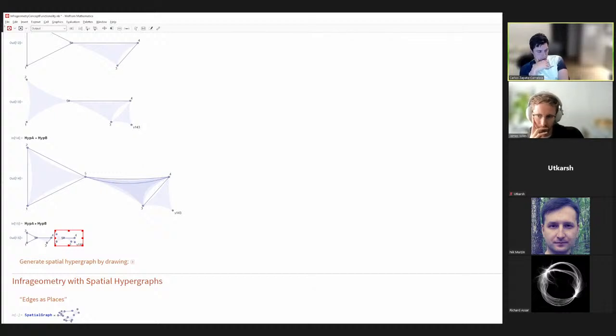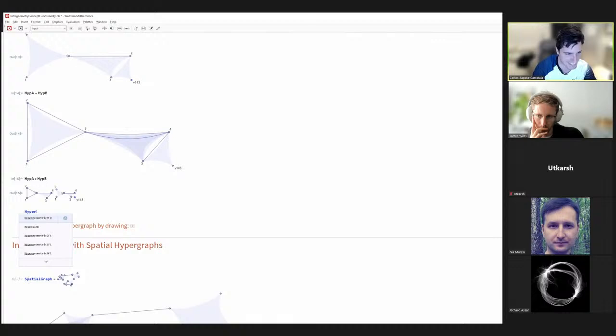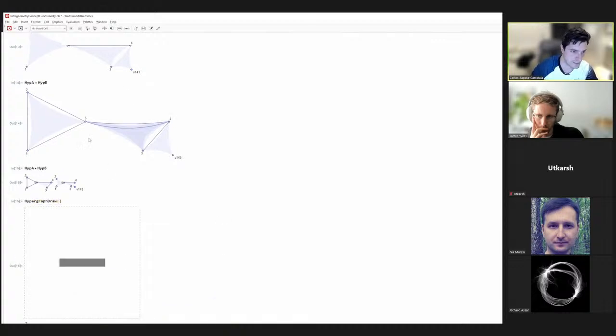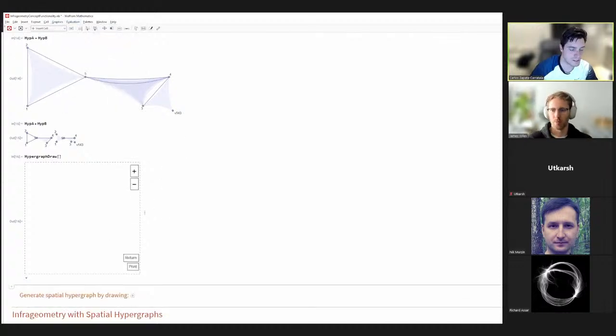combinatorics. Let me give you the simplest example I can think of that I can draw, at the risk of crashing the thing. Imagine that I have a hypergraph that is like this.